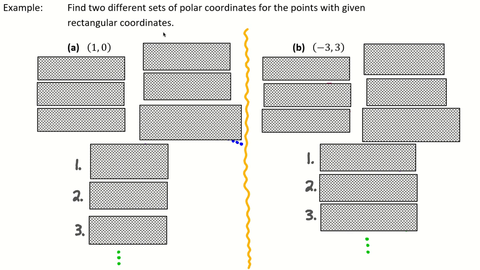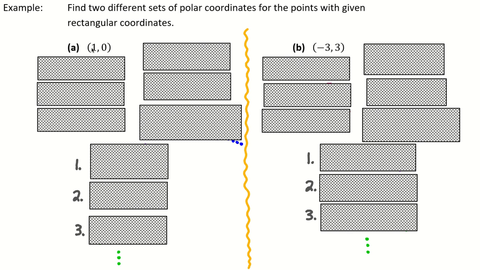Find two different sets of polar coordinates for these rectangular coordinates. And speaking of coterminal and things of that nature, that's why you're going to be able to find at least two different ways to give the same point with different polar coordinates.